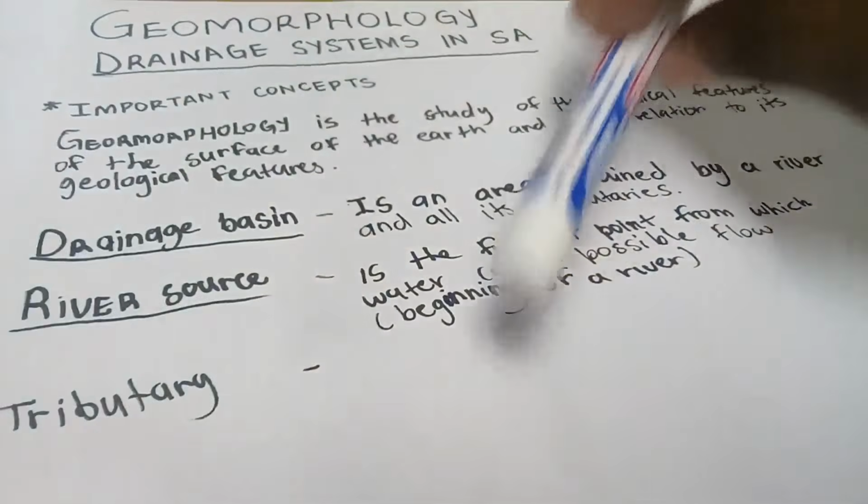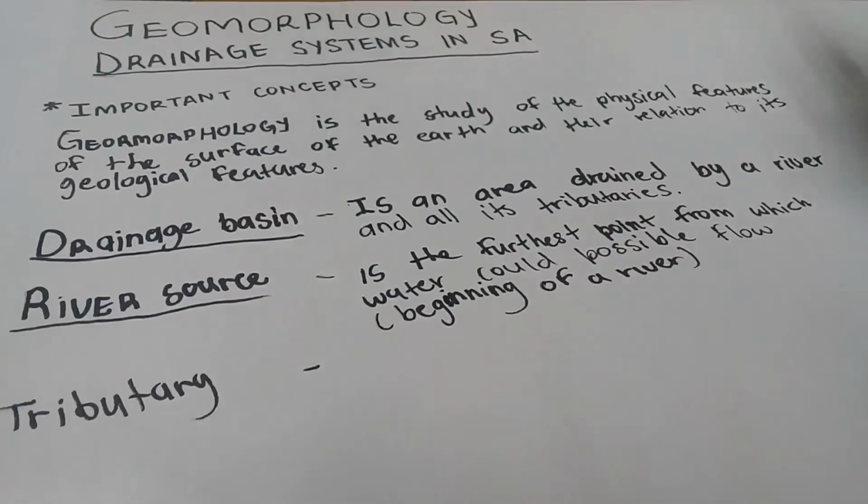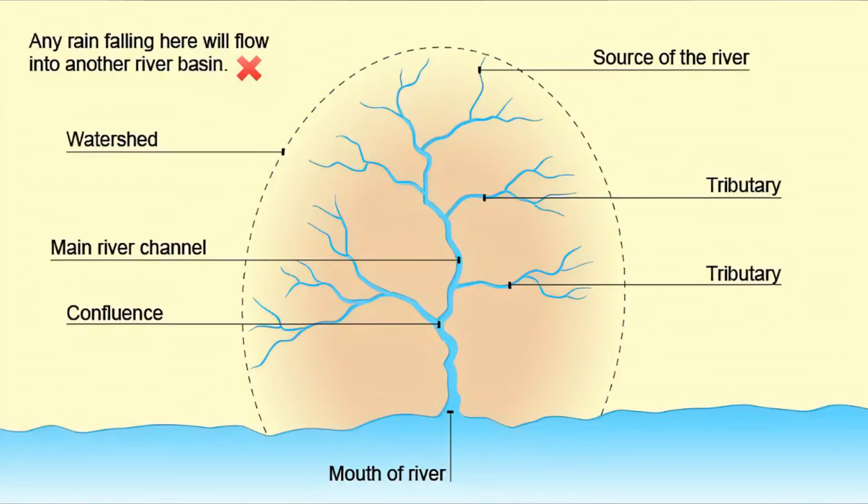As you can see in the diagram, the tributaries flow into the mainstream. So a tributary is a river or a stream that flows into a main stream or a parent river. Tributaries are small rivers that flow into a main river. A main river is a huge one.